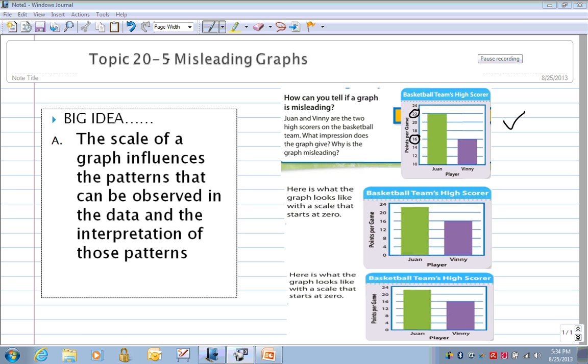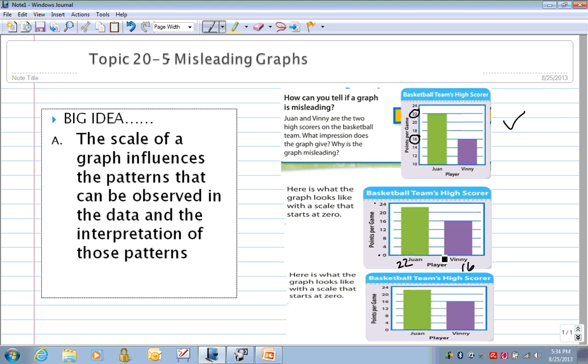If you look at the next one, and there's 2 of the same graph, I don't know why I did that. That was a mistake by Miss Weaver. Here is what the graph looks like with a scale that starts at 0. So here, if we start at 0 on our scale and we go up to 24, we show Juan here at 22 and Vinny at 16.